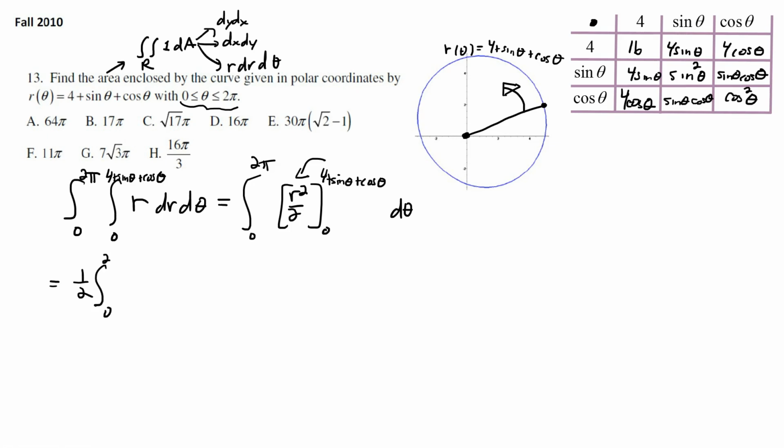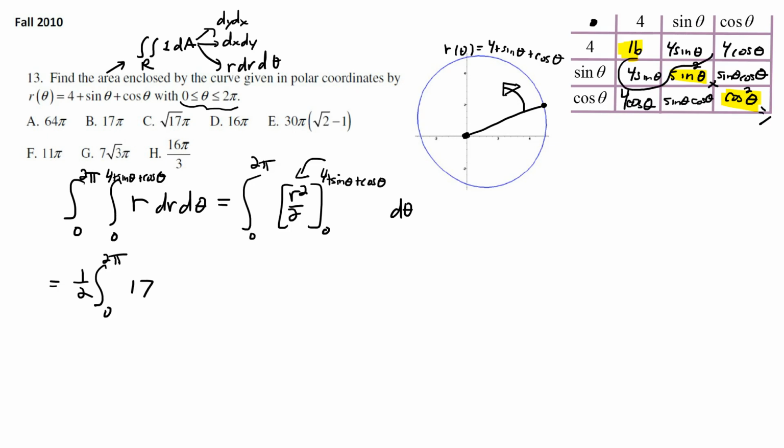And so, as far as numbers go, we'll have the 16 together with this sine squared plus cosine squared, which is 1. And so that'll give us 17. These two guys equal to 1. And so we have a 17 here.